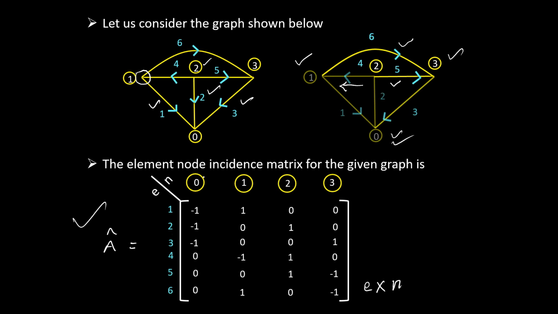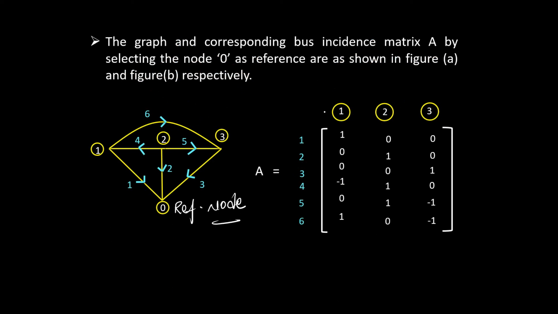From this, if you delete the respective column, the resultant matrix will be called the A matrix. That is what we have formed here. We have deleted the reference node 0, so the resultant will be E cross n minus 1. So the size of the matrix is E by n minus 1. I hope it is clear. Thank you.